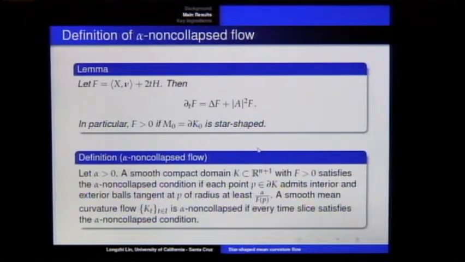So it's a t variable. If the mean curvature flow, let's say Kt, satisfies the alpha non-collapse condition for every t, then we say it's an alpha non-collapse flow.